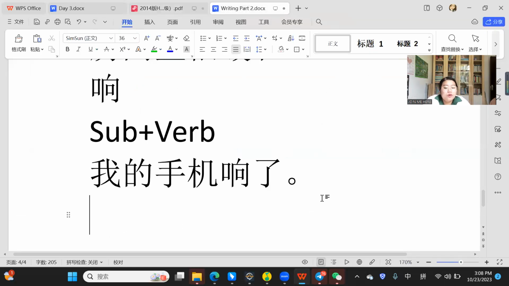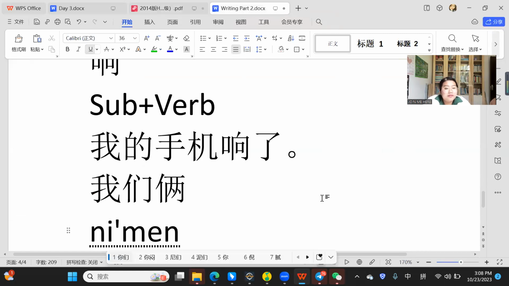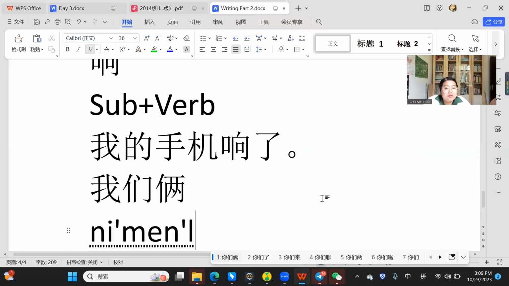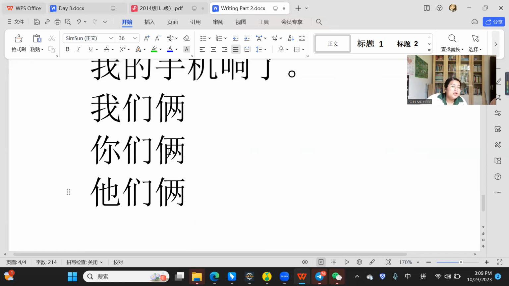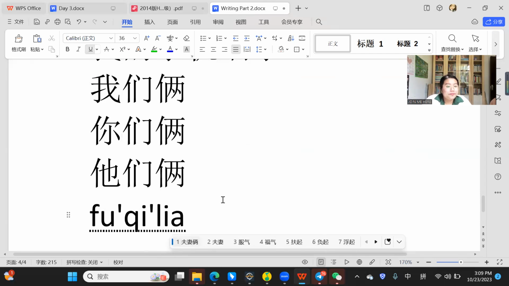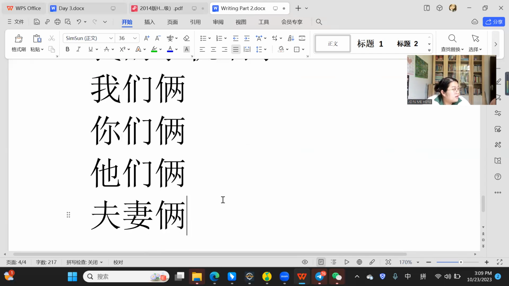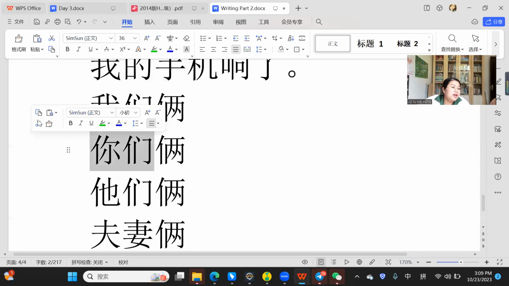It always uses 我们俩。你们俩。他们俩。You have to mention who those two people are. So 我们、你们、他们 is so easy. And you can even use 夫妻俩, means like couple. Okay. Couple. So you can remember this better, right?